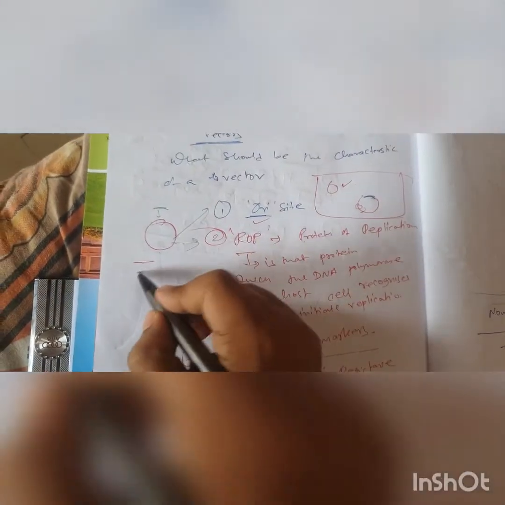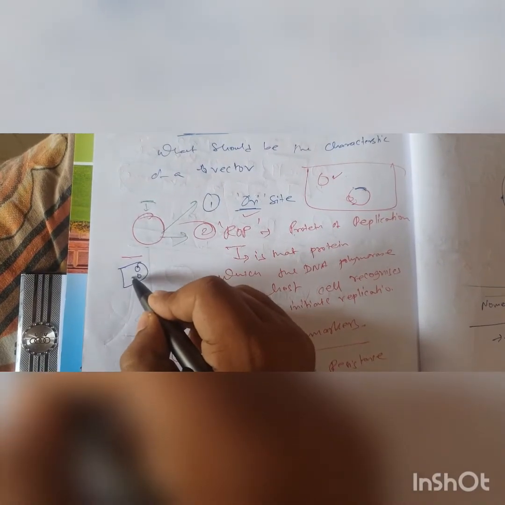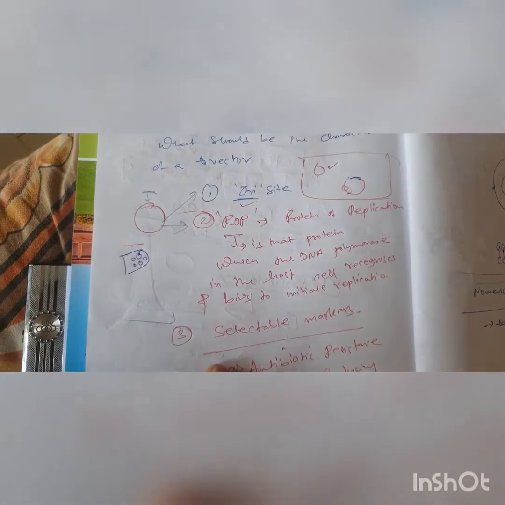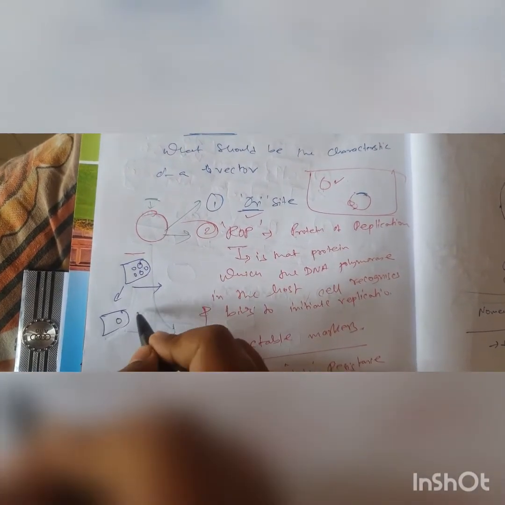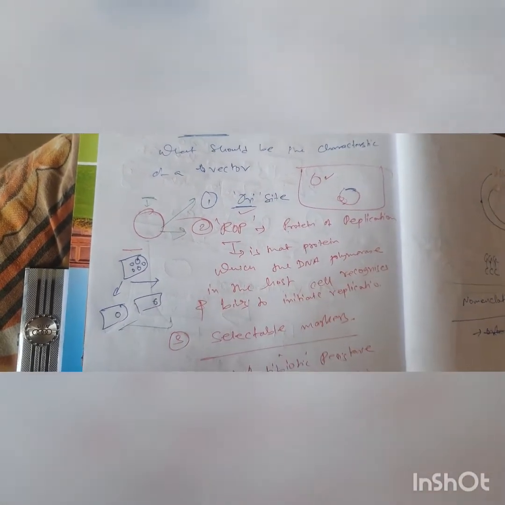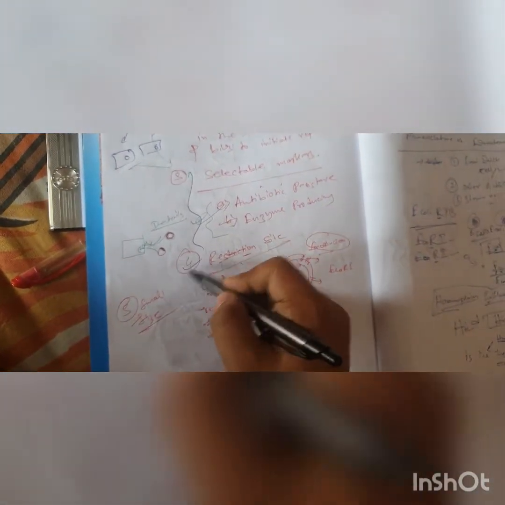After entering, the vectors should replicate by themselves, so when the cell divides they can also replicate, and their numbers increase. A replication protein should be present so that replication starts. An important thing is that a selectable marker should be there. Then there are multiple restriction sites, so that the endonucleases can cut them and you can put the insert DNA. That is also important.